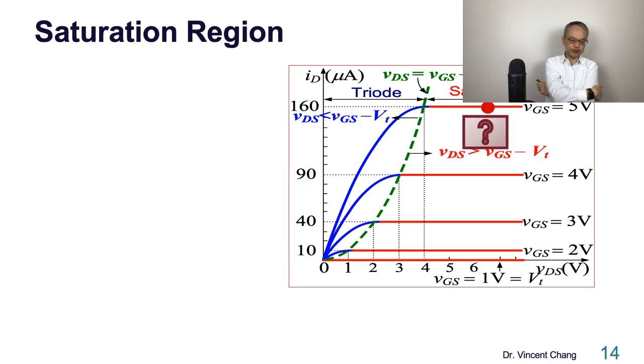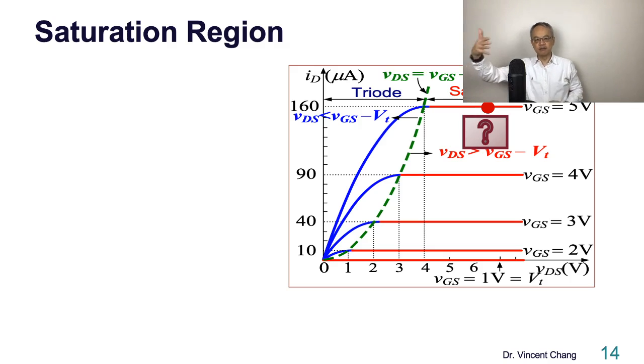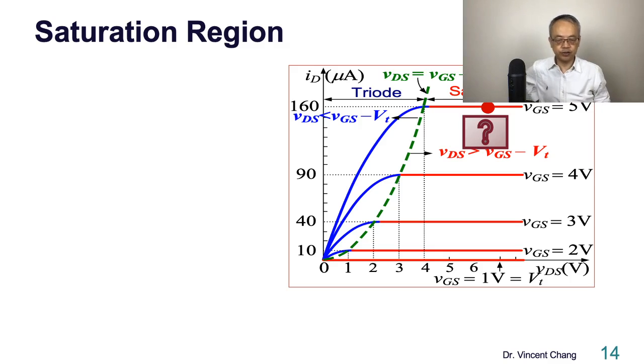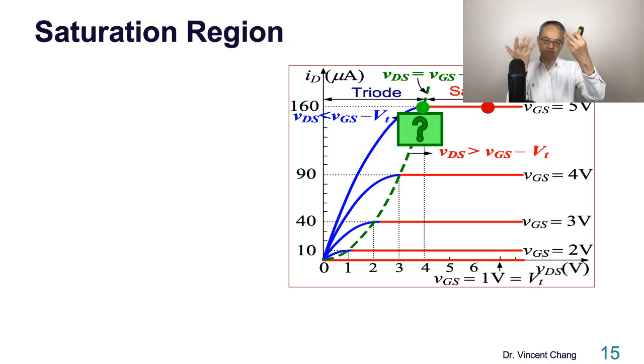What about the saturation region? Ideally, if we neglect second order effects, which I will teach you about later, the current remains the same when the device enters the saturation region. The saturation current equals the peak current.